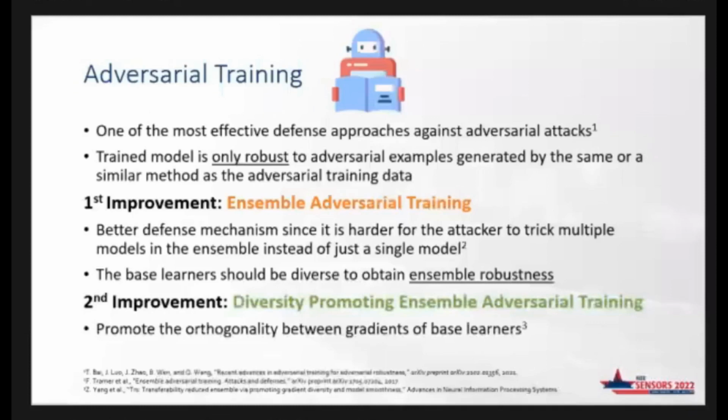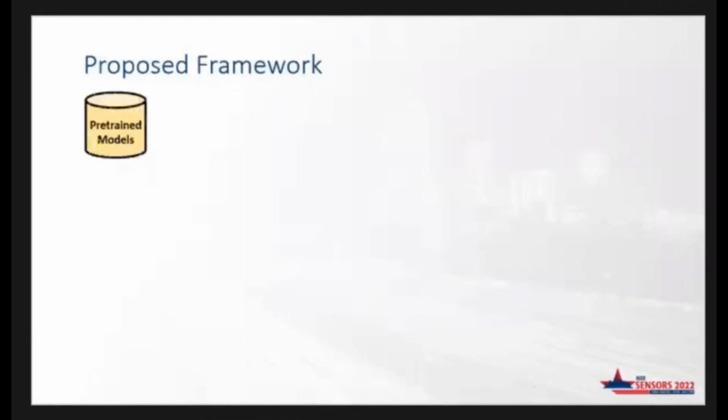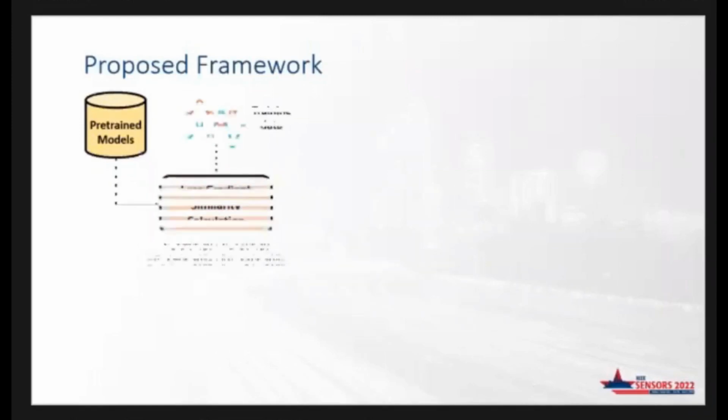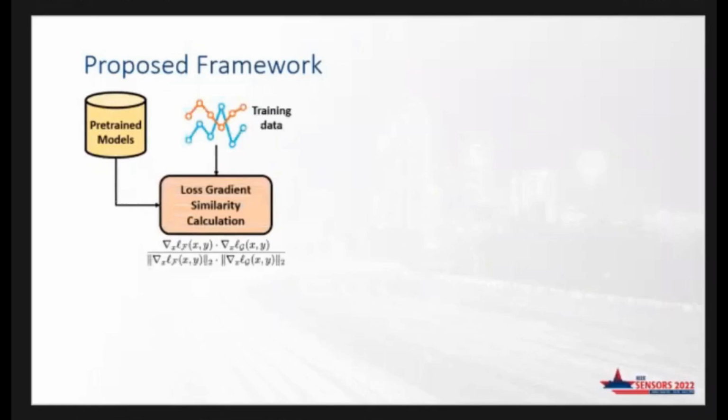Inspired by this, we try to select an optimal subset of base learners by looking at the similarity among the loss gradients. So here's our proposed framework. We assume that we have pre-trained models from our previous study. These are deep learning models specialized for time series prediction.